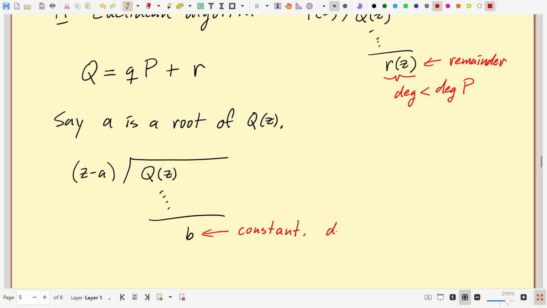Because the degree of the remainder has to be less than the degree of P, which is equal to 1 in this case, the degree of Z minus A.